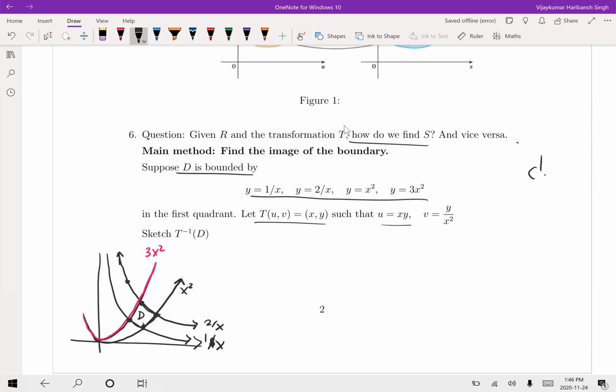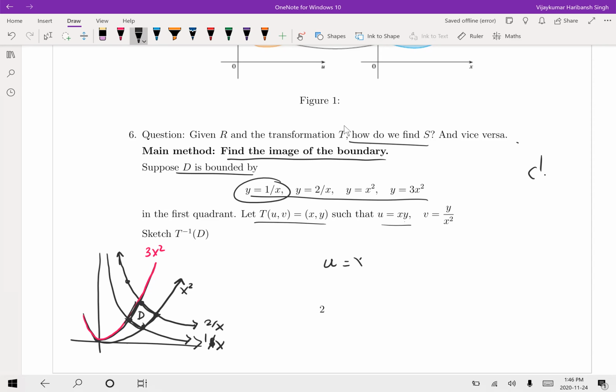Now let's see what it transforms to. First of all, if you have u and v, u is xy. Now we want to draw the transformation of this. How do we find the transformation? The main method is to find the image of the boundary. We have 4 boundaries, and we'll see where each goes.